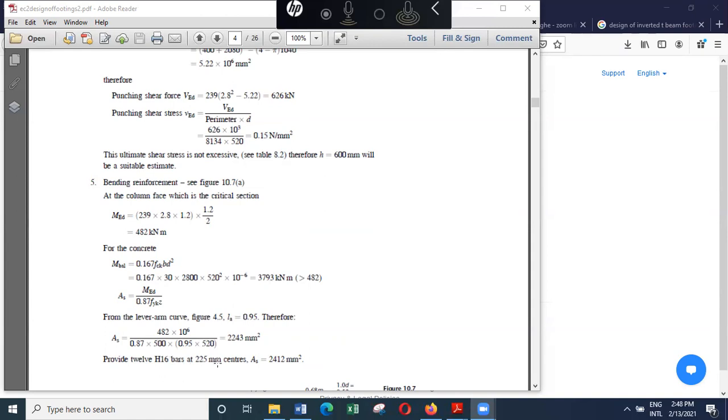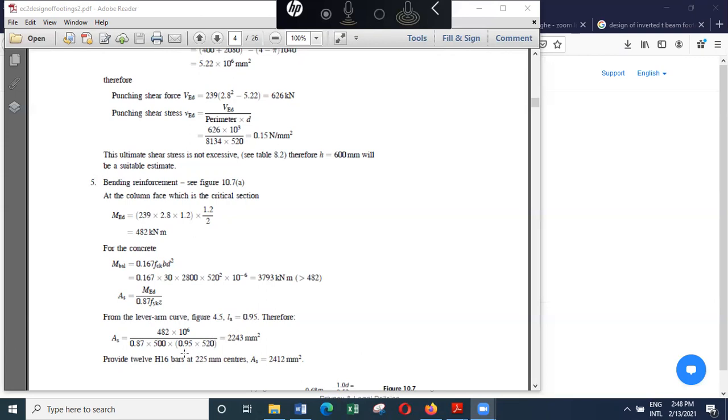2700 divided by 12. There are 12 bars because we can keep a little space on the sides as well. So you can actually go for 225 millimeter spacing. So 12 bars can be provided at 225 millimeter spacing, because at the very edge you don't have to provide a bar, so it can be a little inward.